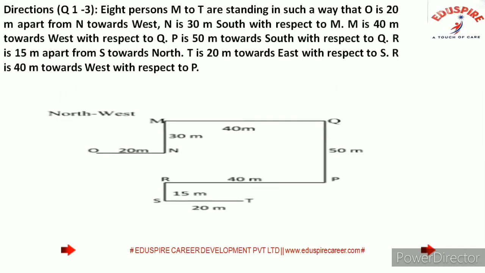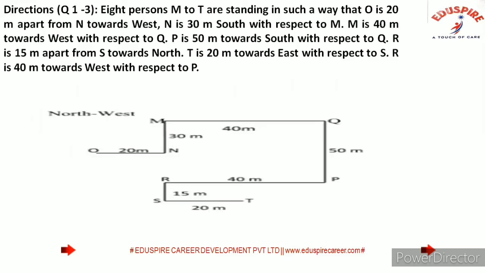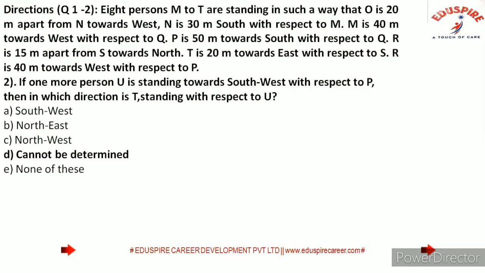Okay, that we can make, but the thing is that southwest in which location is not clear. How far U is standing is not clear. So it cannot be determined because we don't know how far U is standing, right?